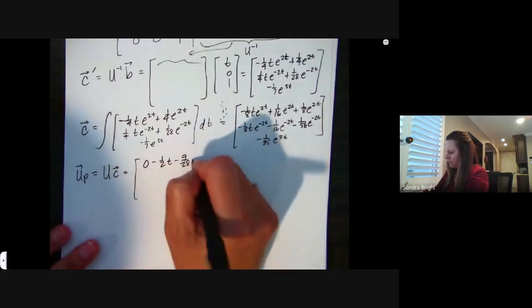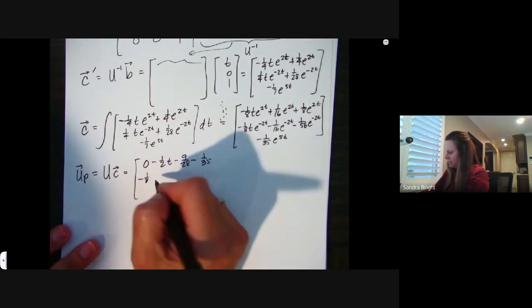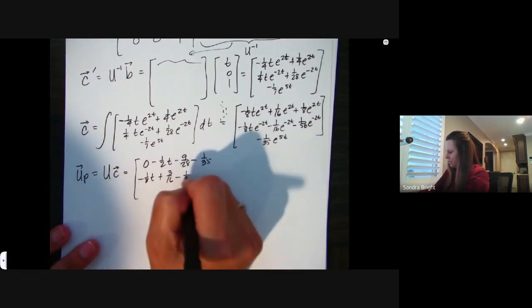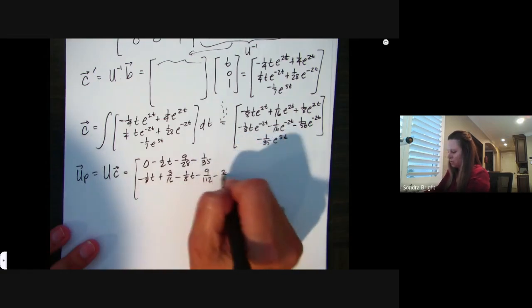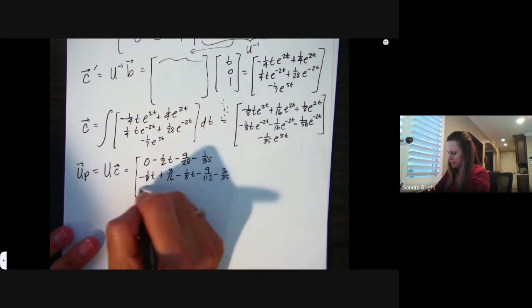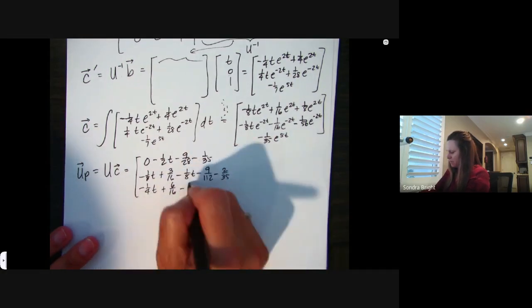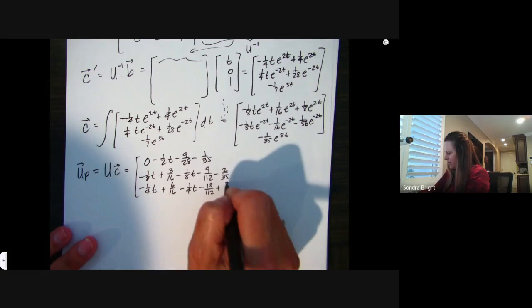All right, so you end up with that, and you end up with negative 1 over 8t plus 3 over 16 minus 1 over 8t minus 9 over 112 and a minus 2 over 35. It's a whole bunch of math. Plus 6 over 16 minus 1 over 4t minus 18 over 112 and a plus 3 over 35.